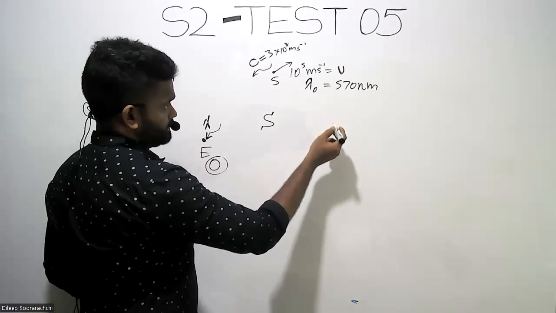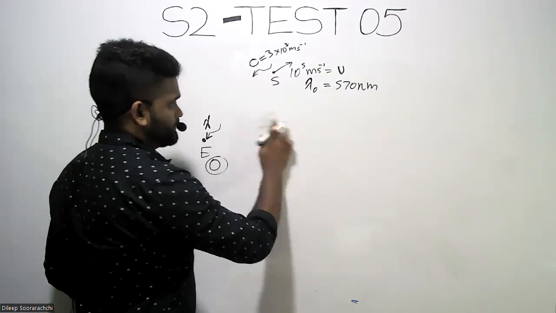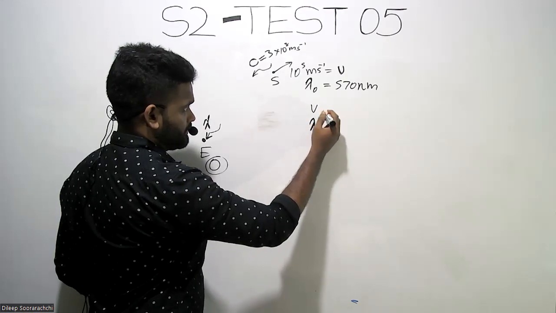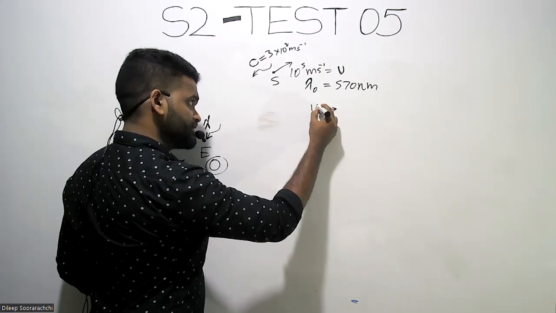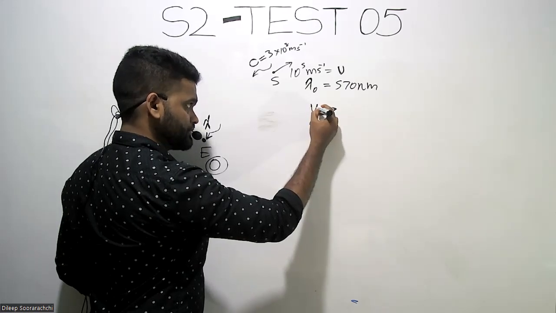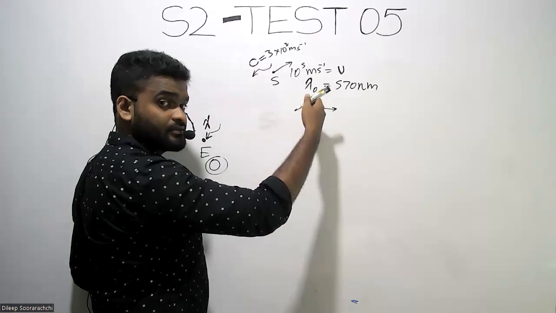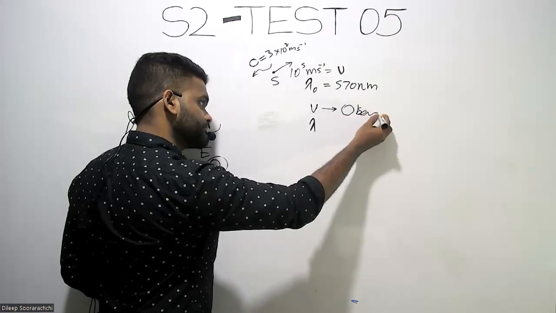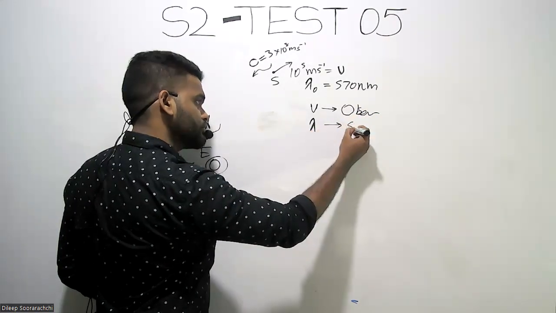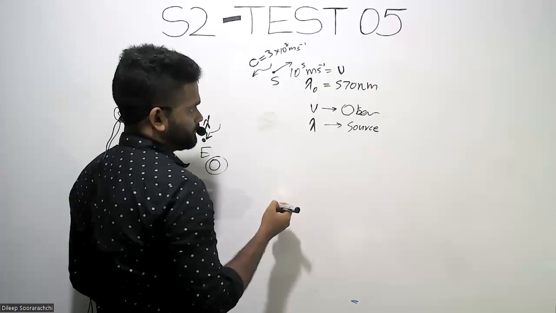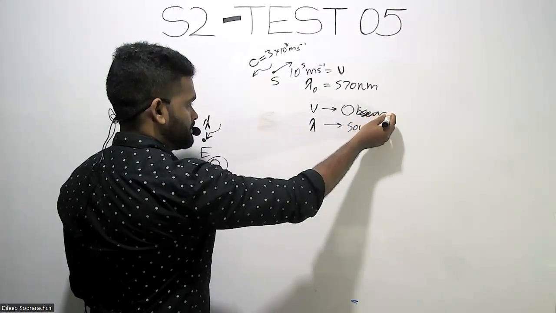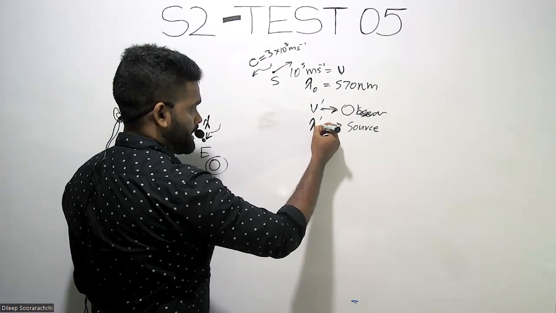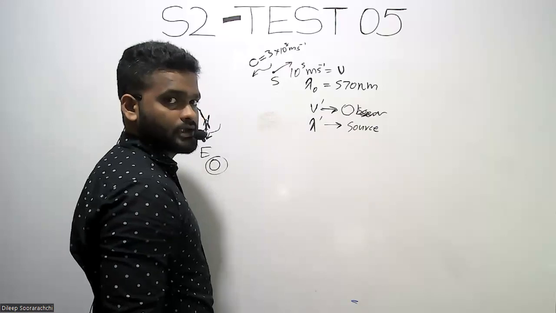If you think about velocity and wavelength, whether velocity changes to a different value, the apparent velocity, is dependent on the observer. Wavelength is dependent on the source only. Just remember that these are the basics. Apparent velocity is dependent on the observer, and apparent wavelength is dependent on the source only.